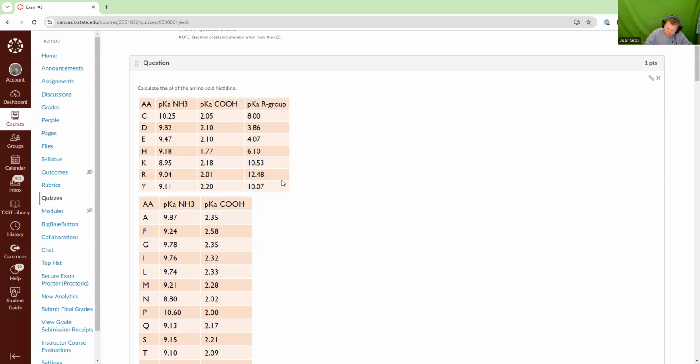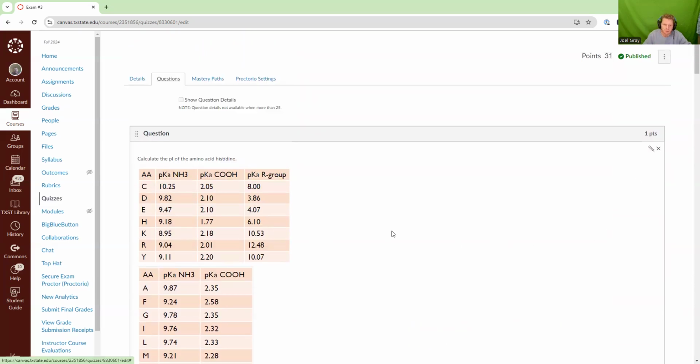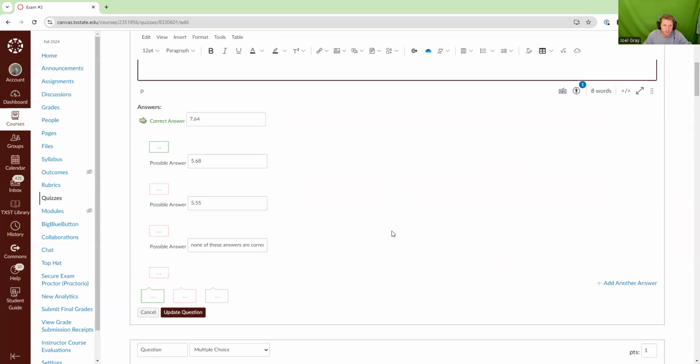So what this means is I care about these two pKa's, the 9.78 and 12.48. So I'm going to go back to my calculator and say 9.78 plus 12.48. That's 22.6. I'm going to divide that by 2 and I'm going to get 11.13.